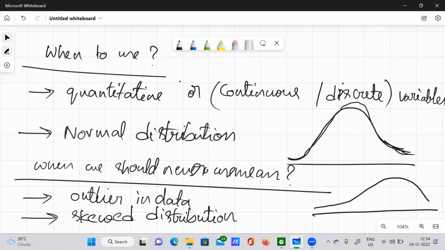See here, this shape is not evenly distributed, right? This is uneven data, okay? Or you can also imagine like this, either right-tailed or left-tailed, whatever may be there, but these are briefly treated as skewed distribution. You should never use mean on this kind of data, okay?